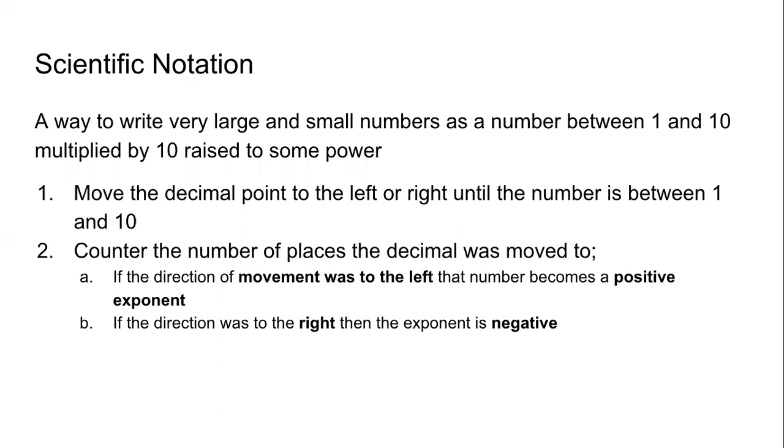So the steps that we take, and we'll do some examples in the next slides, is first you move the decimal point to the left or the right until the number is between 1 and 10, and then you count the number of places the decimal was moved. If the direction of movement was to the left, that number becomes a positive exponent. And if the direction was to the right, then the exponent is negative.